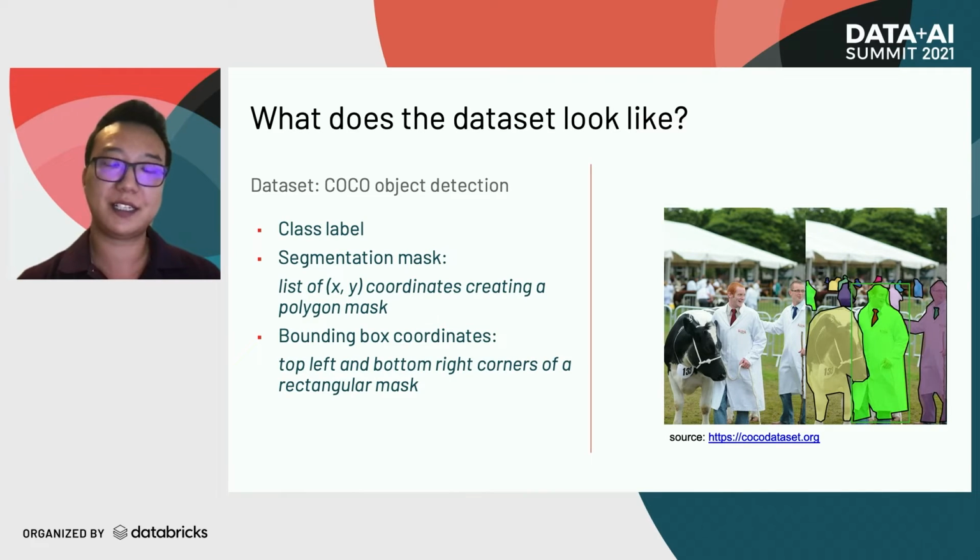So for object detection, we're not going to be using the segmentation mask. We're only going to be focusing on predicting the bounding box coordinates. The segmentation mask is used for other tasks like semantic segmentation that are kind of related to object detection, but we won't be talking about that here.